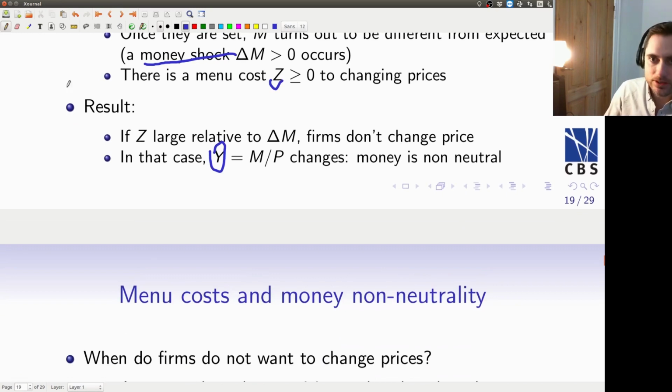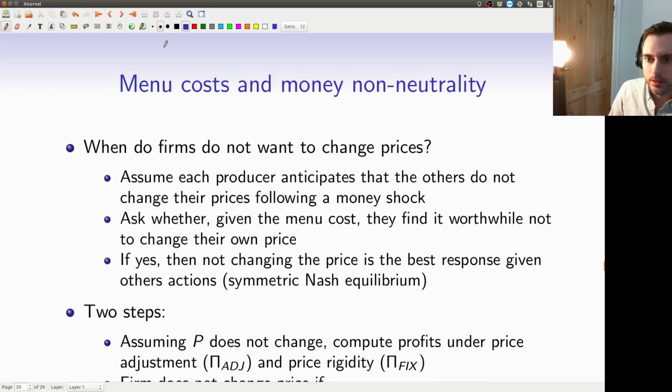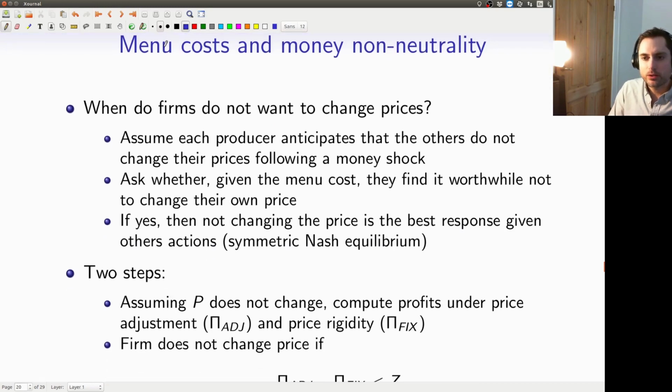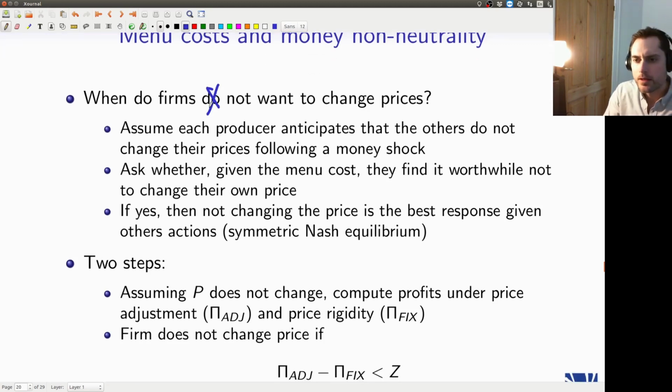All right, so let's do this the proper way. Okay, so when do firms want to and not want to change prices? Assume that each producer anticipates that the others do not change their prices. Ask whether, given the menu cost, given that nobody else is changing their price, do I want to change my price?